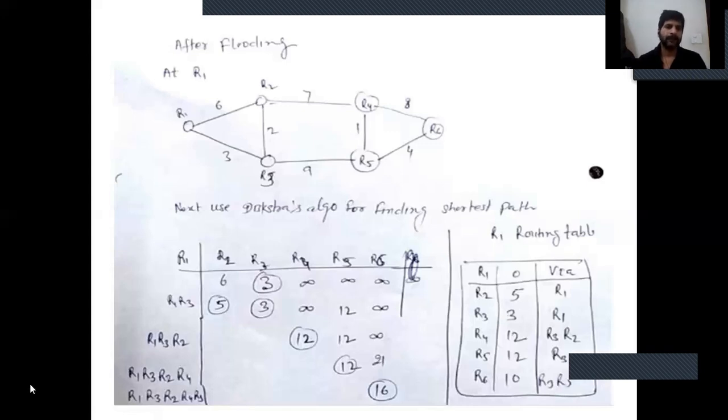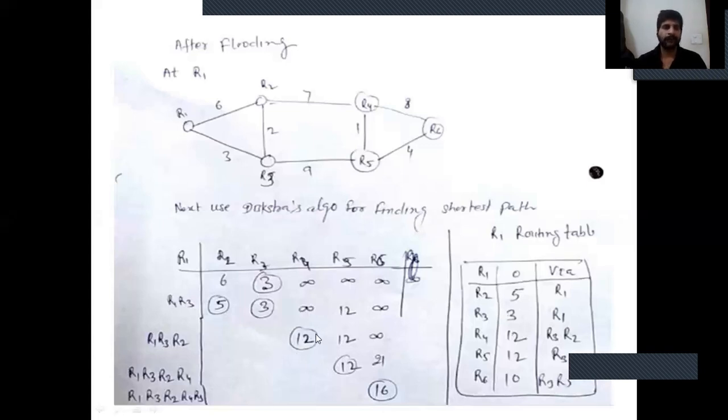Yes, R2. So the travel R1 to R3 is completed, then R3 to R2. Now from R2, we calculate the value of R4 as 12, the value of R5 as 12, and the value of R6, not directly reachable, is infinity. Both are equal, so you can choose either vertex.